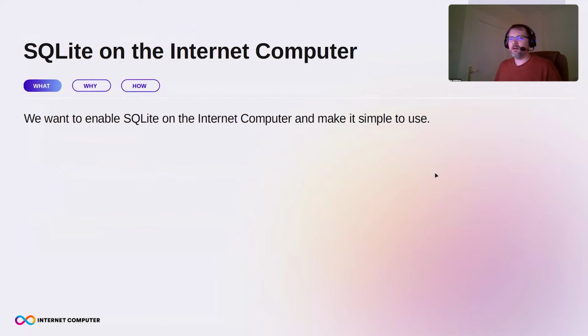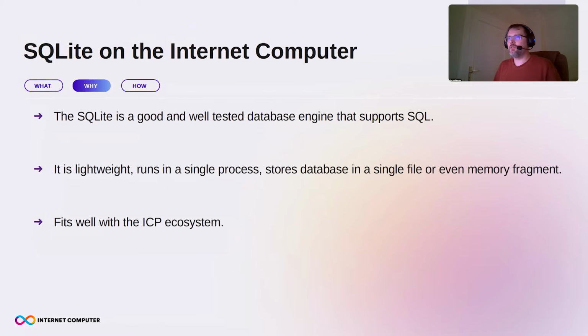One of the possibilities is to actually try to run SQLite, and this is what we want to do. Now, why SQLite? It is a lightweight database designed for a single user, so there's no concurrency involved. It runs on millions of devices, it's very well tested, and it stores the database in a single file, or maybe even memory.